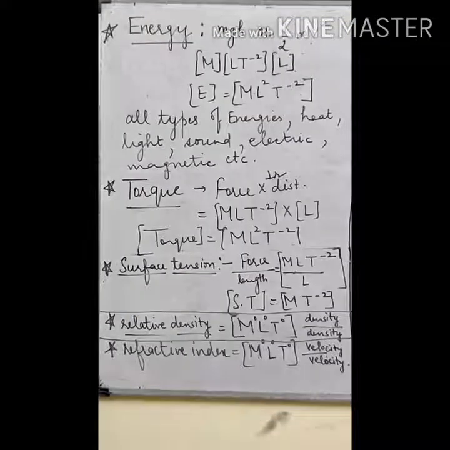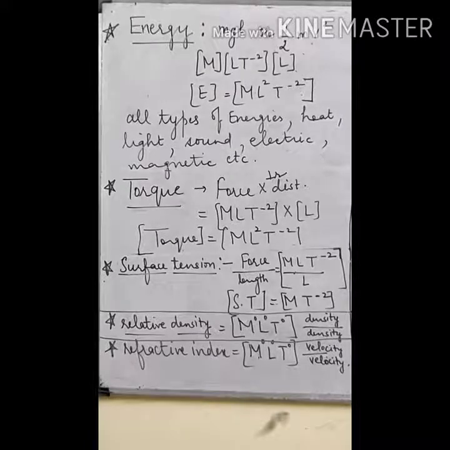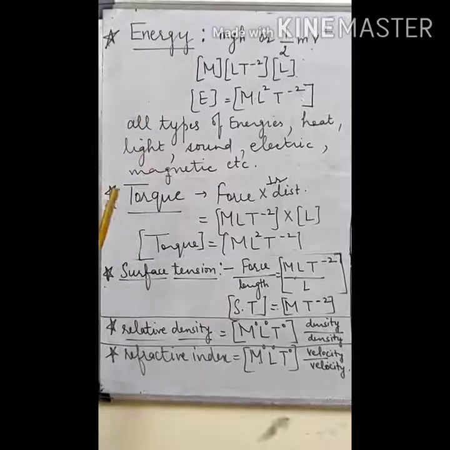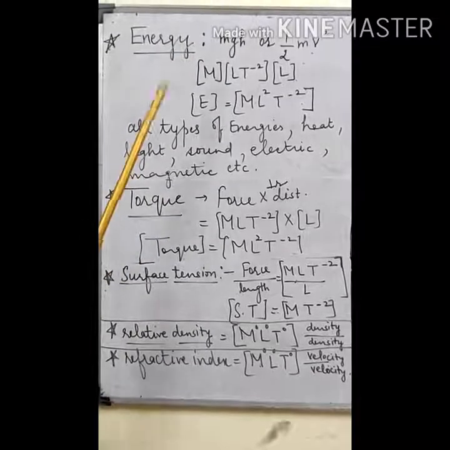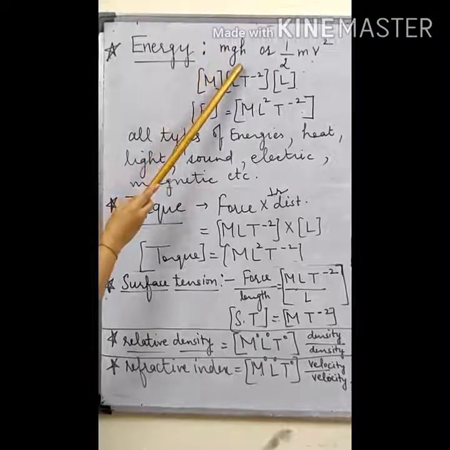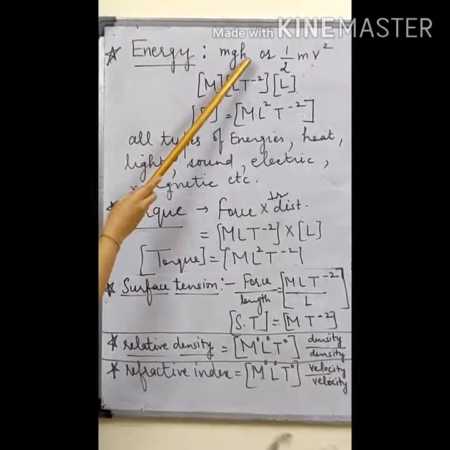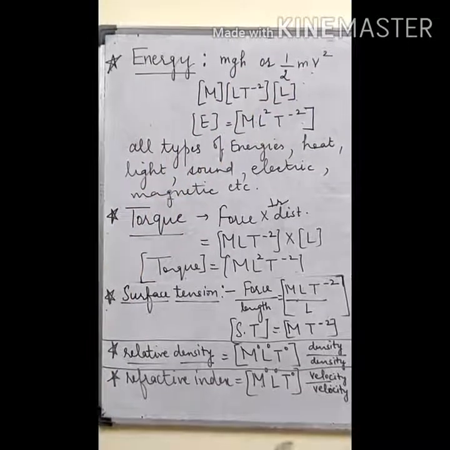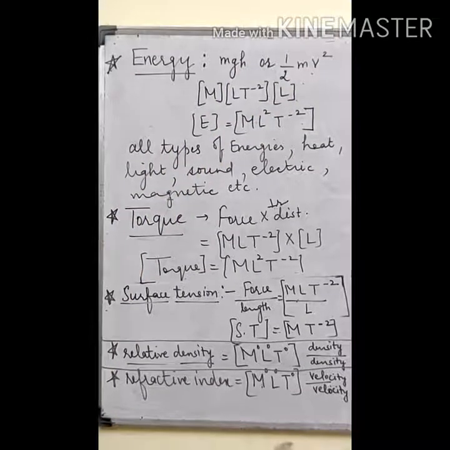Next quantity is energy. Write down any formula for energy. You can use the formula mgh, where m is mass, g acceleration due to gravity, h height. Or you can use the formula half mv², which is the formula for kinetic energy.